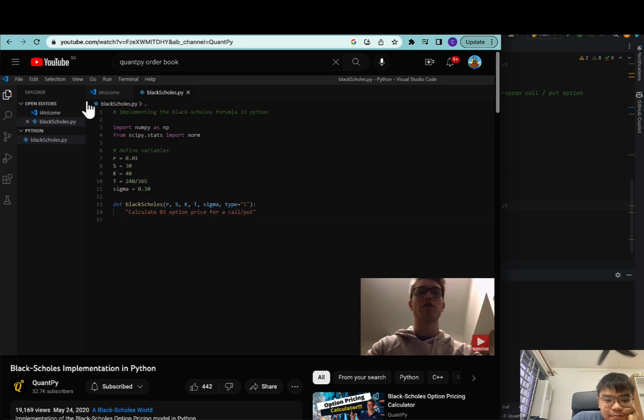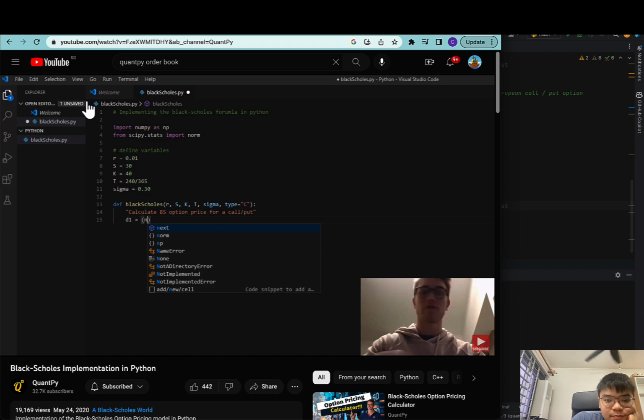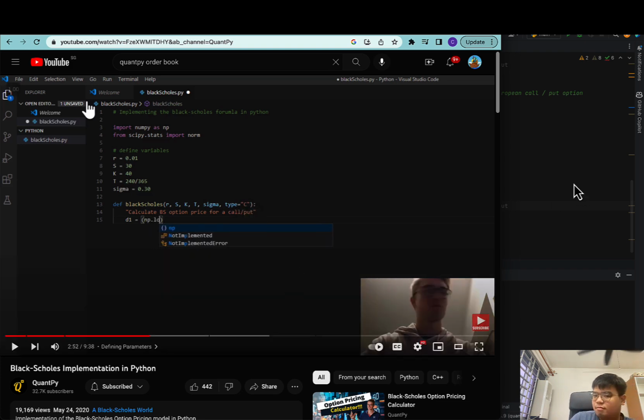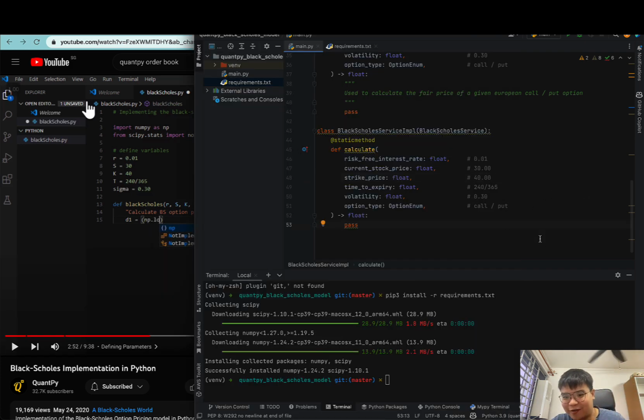Cool. So the first thing that we're going to define is D1 and D2. So D1 is the natural logarithm. What does natural logarithm mean? Okay, I'm not too sure what this means.